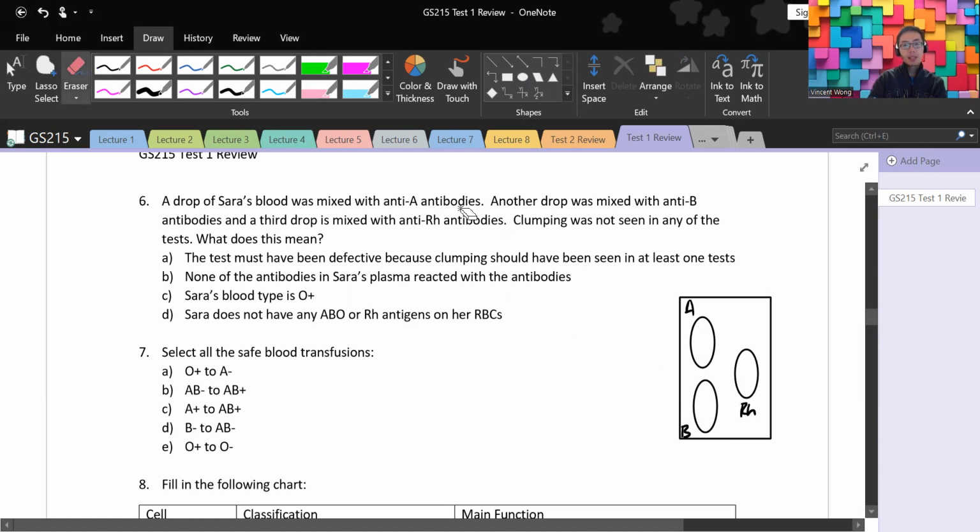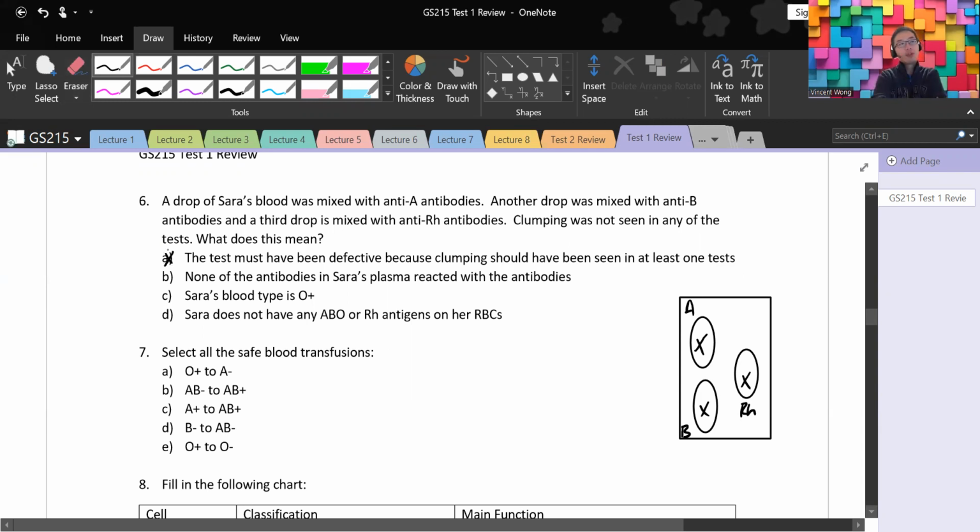So what happens is you would put the blood into each of the wells, and each of the wells would have the respective antibodies. And clumping was not seen in any of the tests. So no clumping here, no clumping here, no clumping here. So let's see. The test must have been defective because clumping should have been seen in at least one of the tests. That's not true.